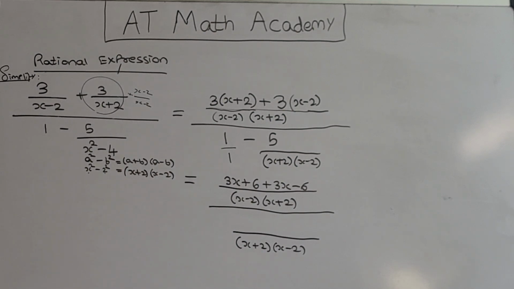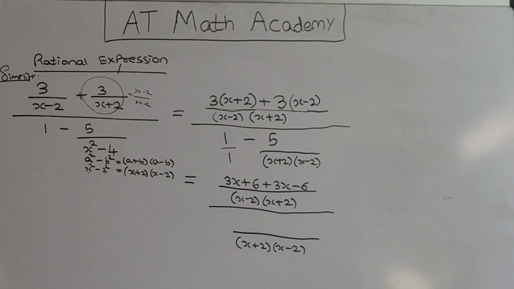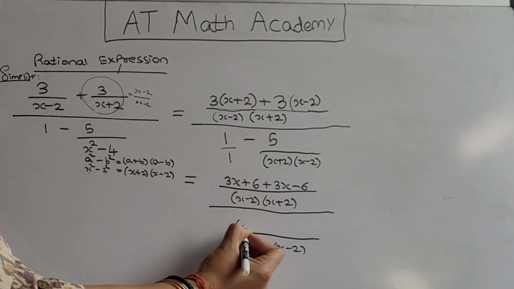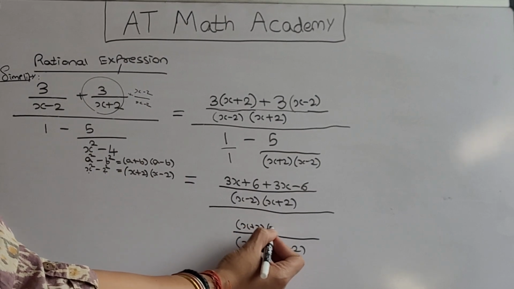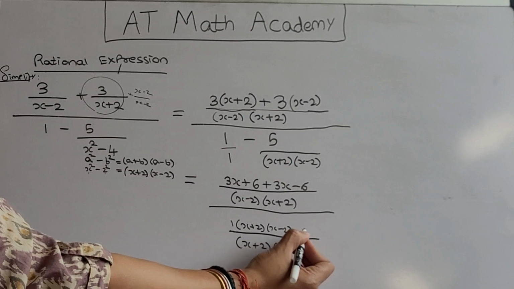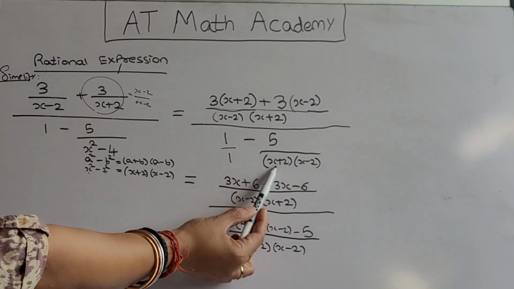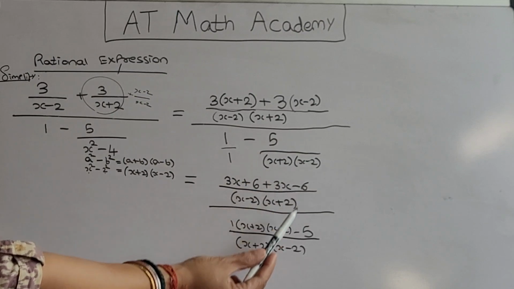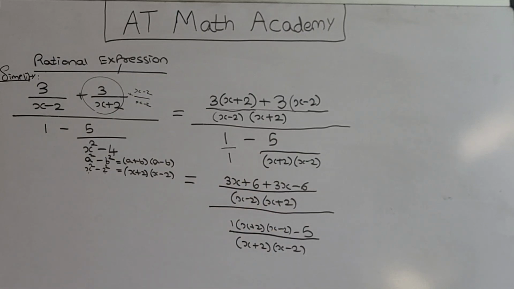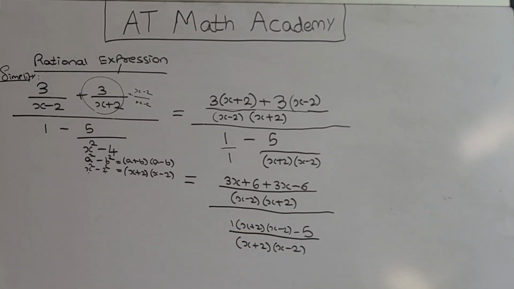For making 1 have the common denominator x plus 2 into x minus 2, I need to multiply this entire term with x plus 2 into x minus 2. So here I am multiplying 1 into x plus 2 into x minus 2, and minus, and for 5 I can take the 5 as it is, because in this term the common denominator is x plus 2 into x minus 2. We already have that, so I have taken the constant value as it is.